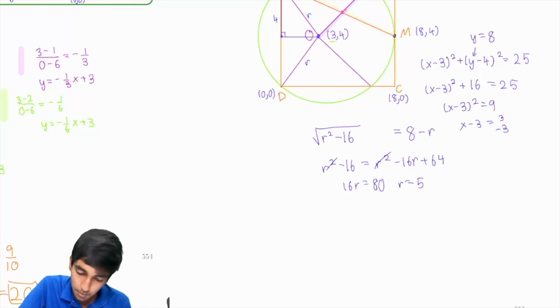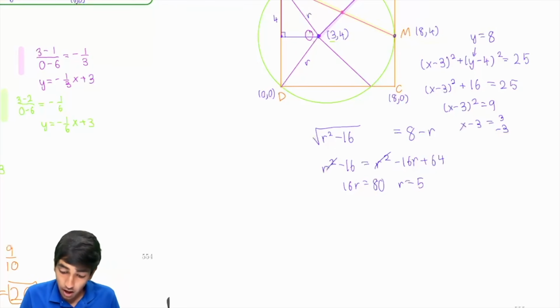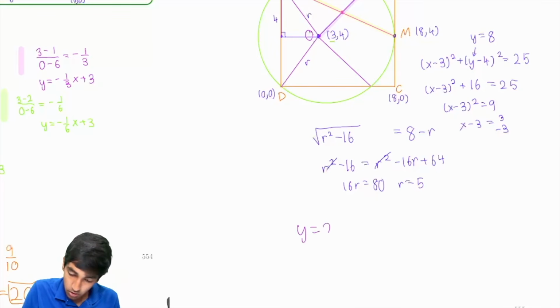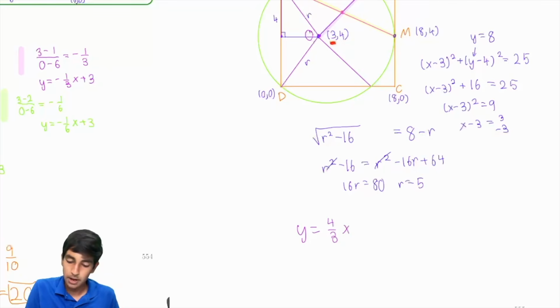Okay, so now all we have to do is find the equation of this line, and solve to get this point. That's simple. Okay, so starting off with the purple line. The equation of this line is y equals 4/3 x, because the slope is 8 minus 4, which is 4, divided by 6 minus 3, which is 3.